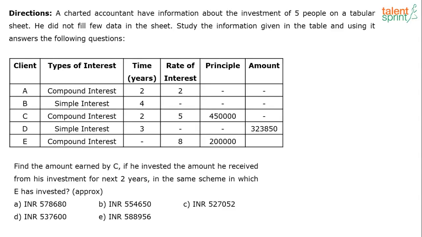Now these questions would take a little longer because there's a concept of simple and compound interest involved, right? Also some values are missing. It's not like the first two DI sets that we have solved. Everything was given and all were very easy calculations.